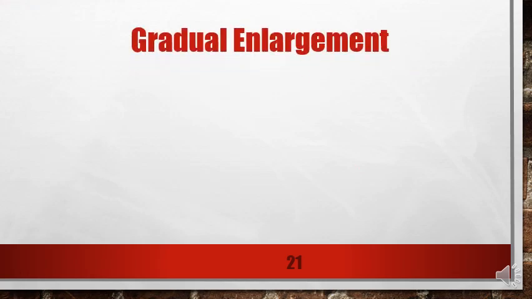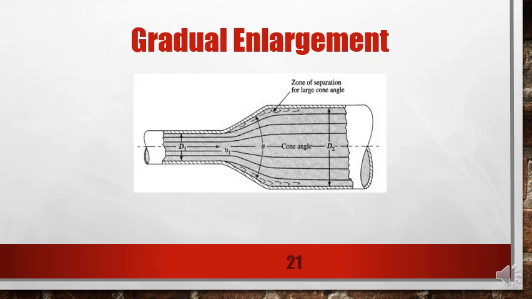Next part is gradual enlargement. This is how the gradual enlargement looks like. We'll see that this is the smaller part, and before it goes to the bigger radius part, it has a cone shape, which has its own angle.